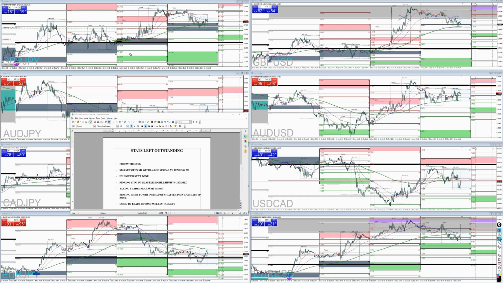Instead of moving my stop from below S1 to right below price once we make a higher high, I'd take my stop and put it at break even. We're going to take a look at that as well, and see the stats for and against changing those rules.